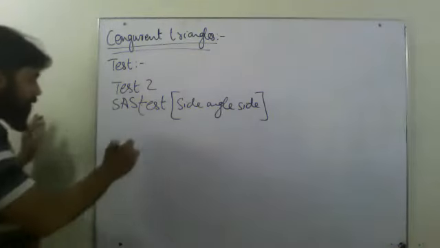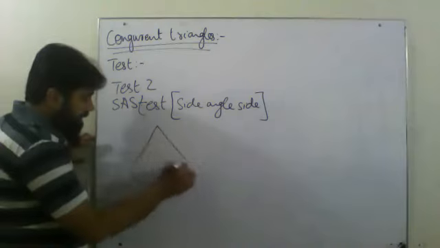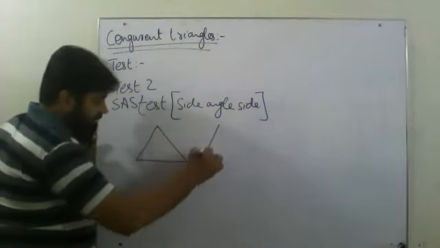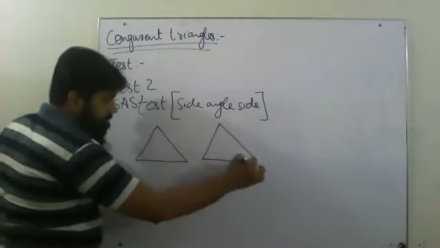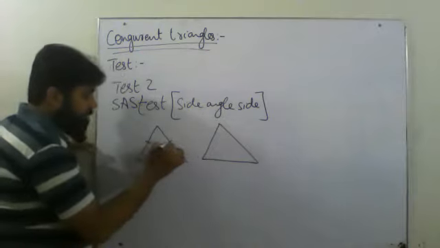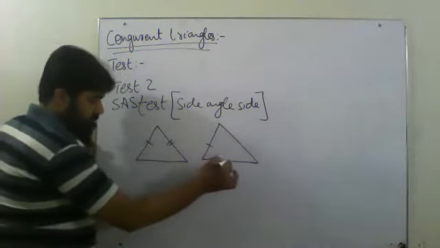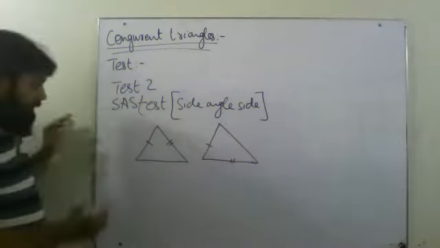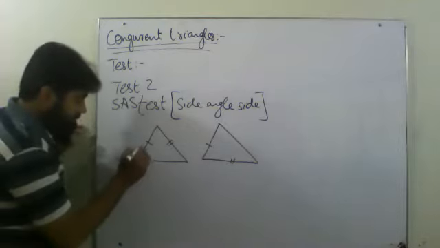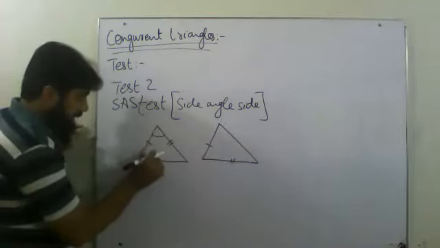So what will you do? For instance, I have a triangle over here and a triangle over here. Two sides are given and angles are given.